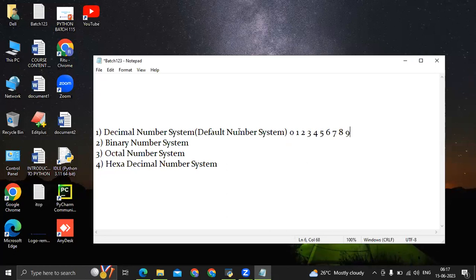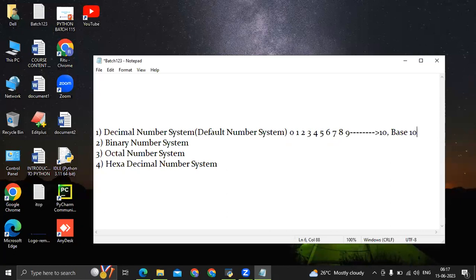So total digits under this are 10. If we talk about the base, it has a base 10. All the base 10 literals come under the decimal number system.